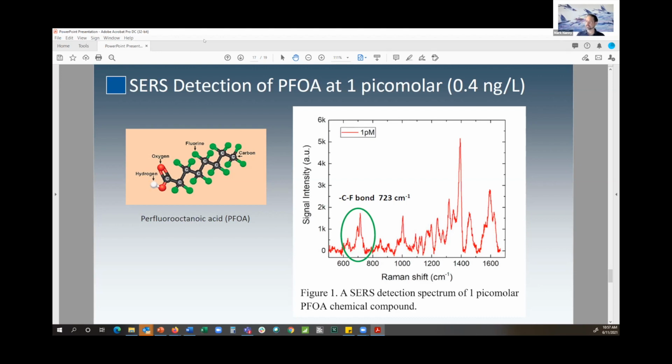This is a big thing, because this is much below where many states and the EPA are going to be targeting regulation levels. We're still working on developing these strips into something robust enough to take out into the field, but we can get down to that. I also want to mention that our next step is going to be carbon-chlorine type bonds, organic solvents that contain chlorine. Next slide, please.